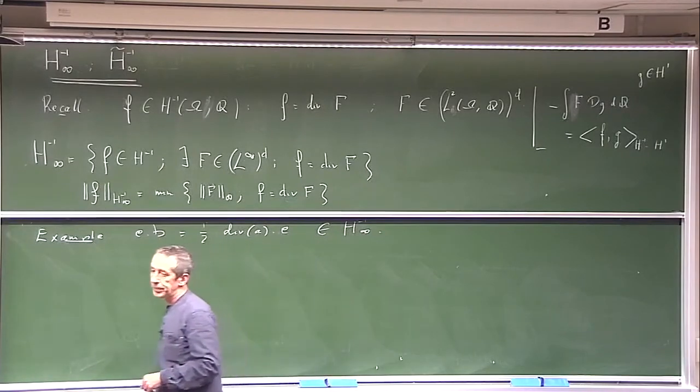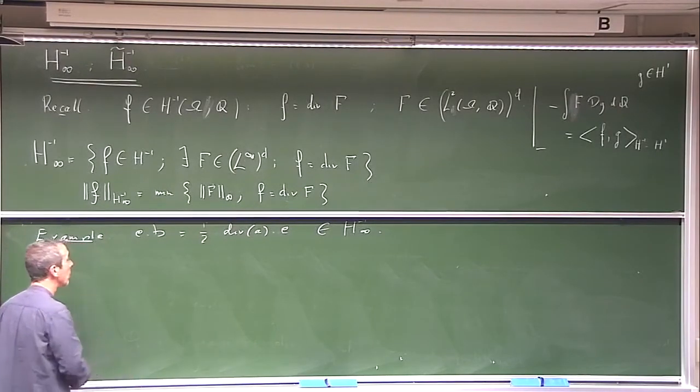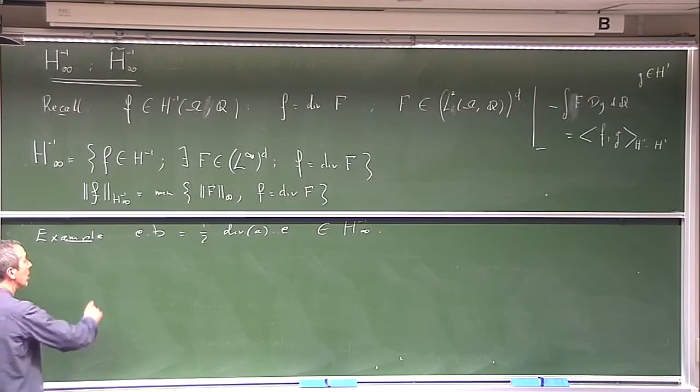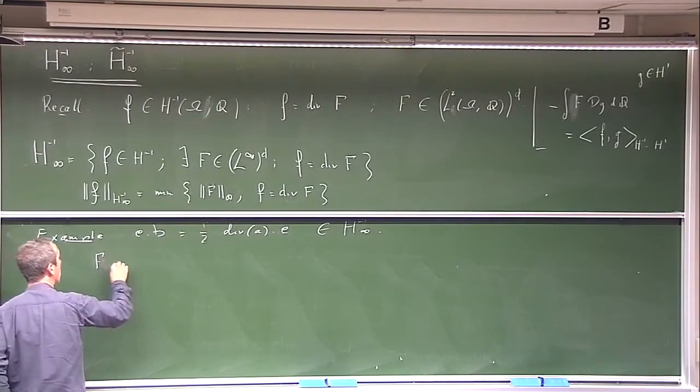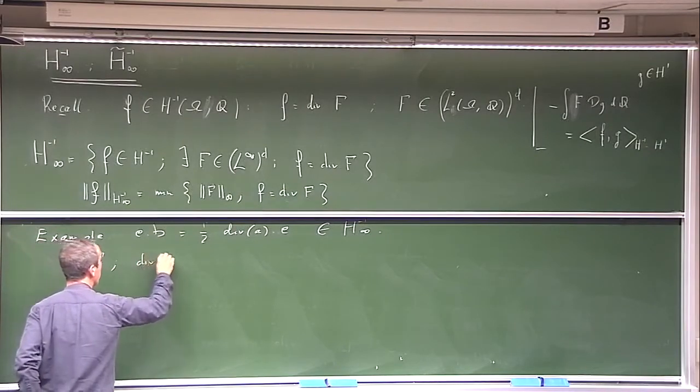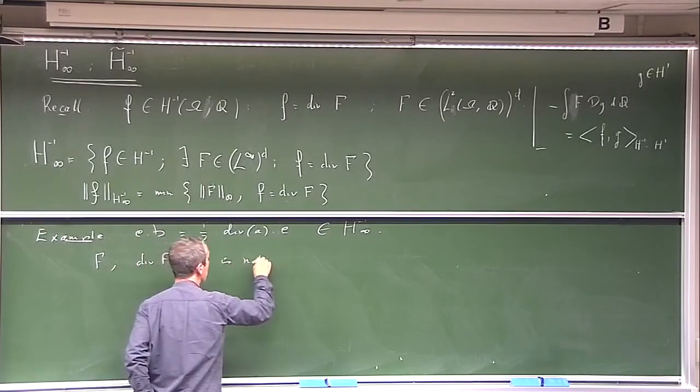Another remark is that the big F, such that the divergence of F equals small f, is far from being unique. So in general, at least, F such that the divergence of F equals small f is usually not unique.